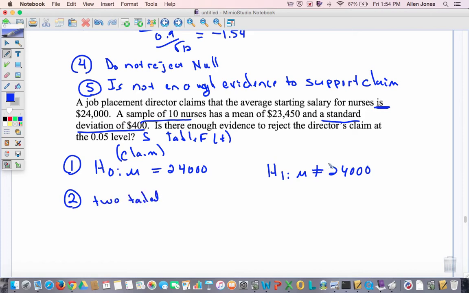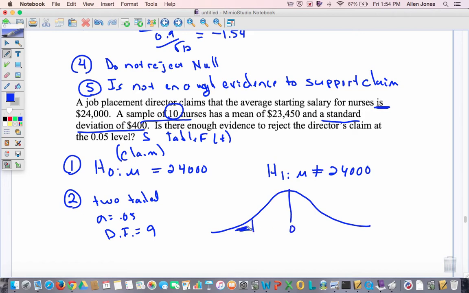So in step number 2, we'll note that first of all we have a two-tailed test because of the not equal to. It could be less than or it could be greater than. We have an alpha of 0.05 and degrees of freedom of 9. A sample of 10 means we have 9 degrees of freedom.